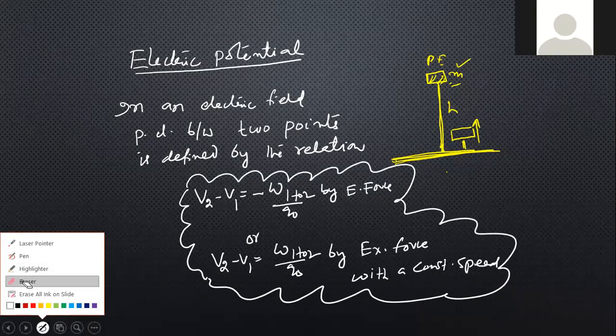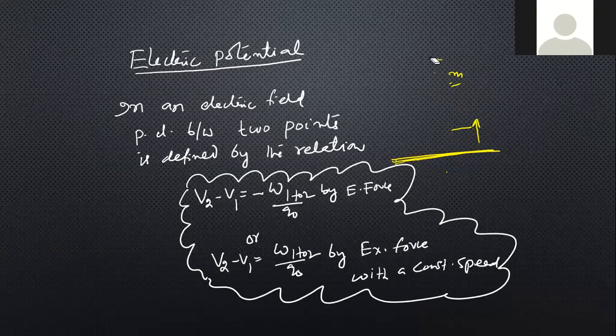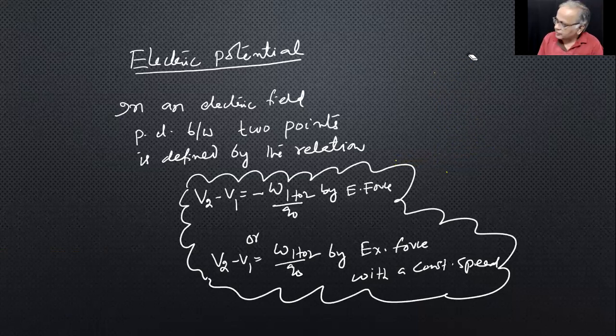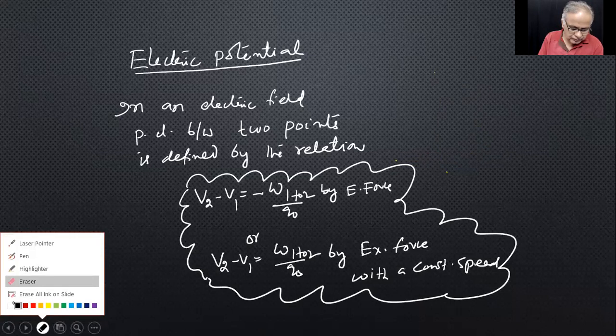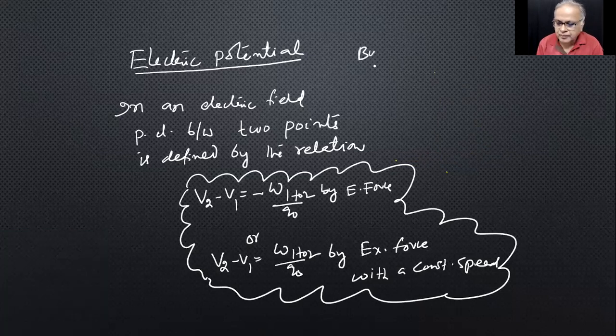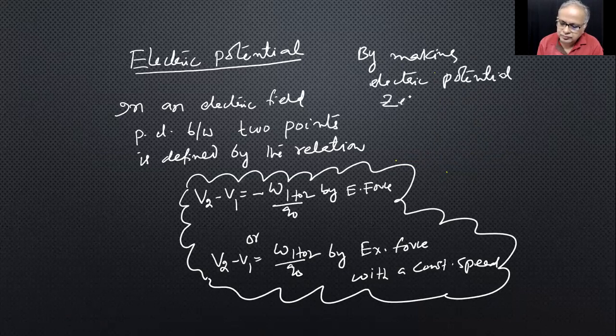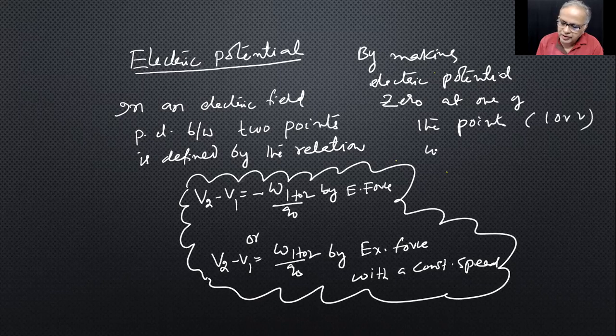By making potential at a point 0, at a reference point we choose to be 0, by making electric potential 0 at one of the points, one of the points means either 1 or 2, we define or we get the potential at the other point.